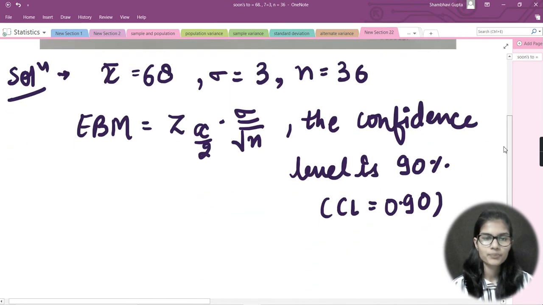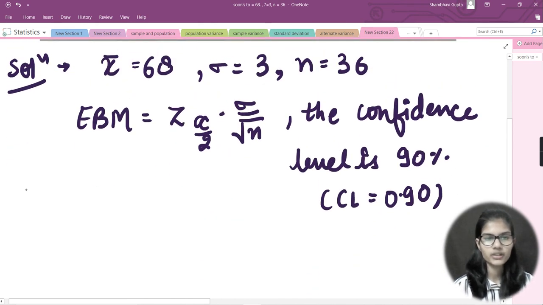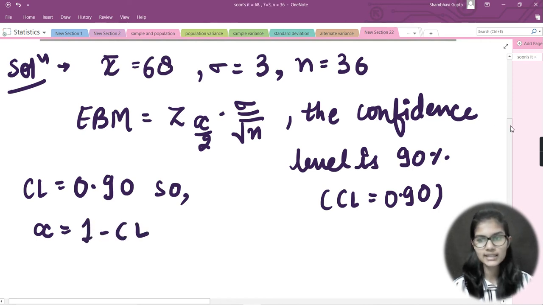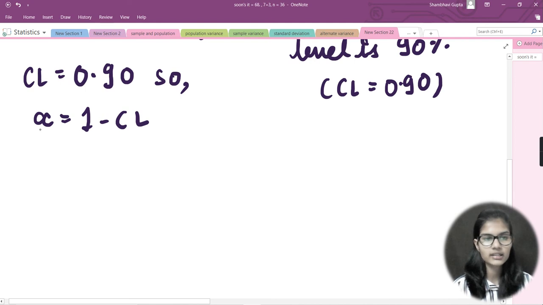So from here I can say that CL is equal to 0.90. Now I can add one more thing: alpha is equal to 1 minus CL. We had seen in the previous video that we have a condition that CL plus alpha is equal to 1.